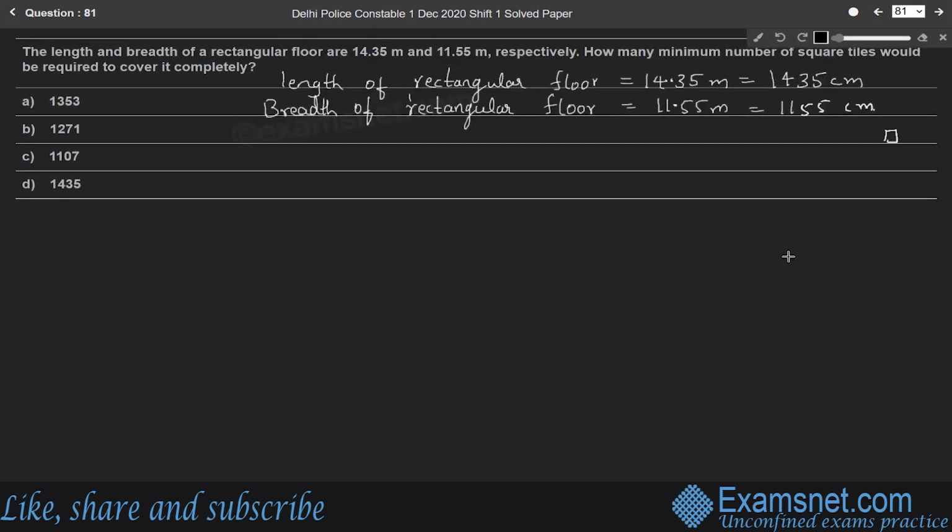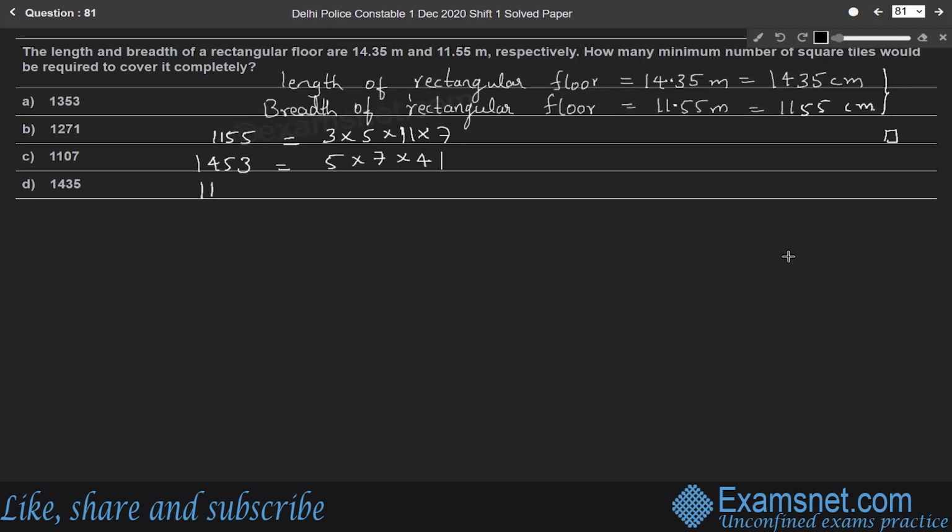So according to the question, let us find the measure of each side of the square tile. For that, let us find the HCF of these two numbers. For that, we need the prime factors. 1155 is the product of 3 into 5 into 11 into 7. So these are prime factors. Whereas 1435 is the product of 5 into 7 into 41.